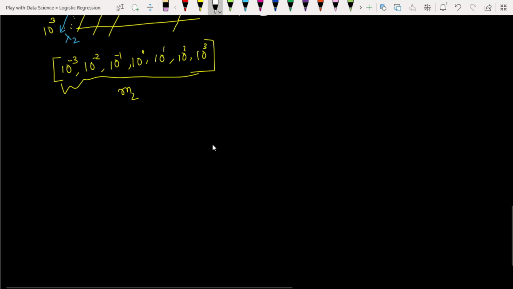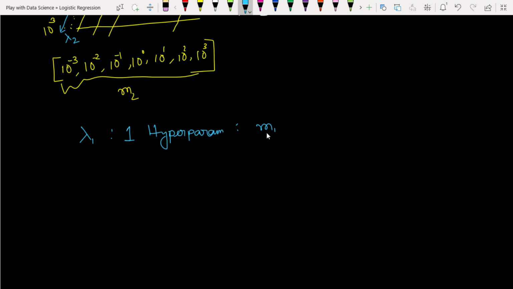Let's see. Suppose we have one hyperparameter, lambda 1, and suppose it takes m1 values in its range. How many times do we train? m1 times.